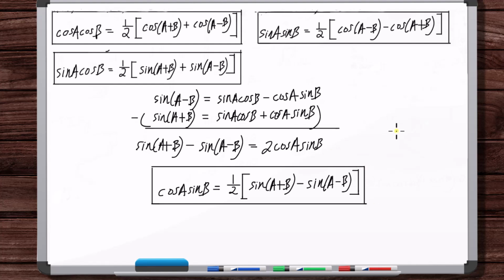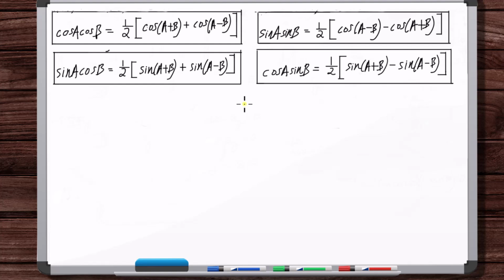There we go. Okay, and there are the 4 product to sum identities. Now, you might ask the question, well, what about tangent and secant, cosecant, and cotangent?